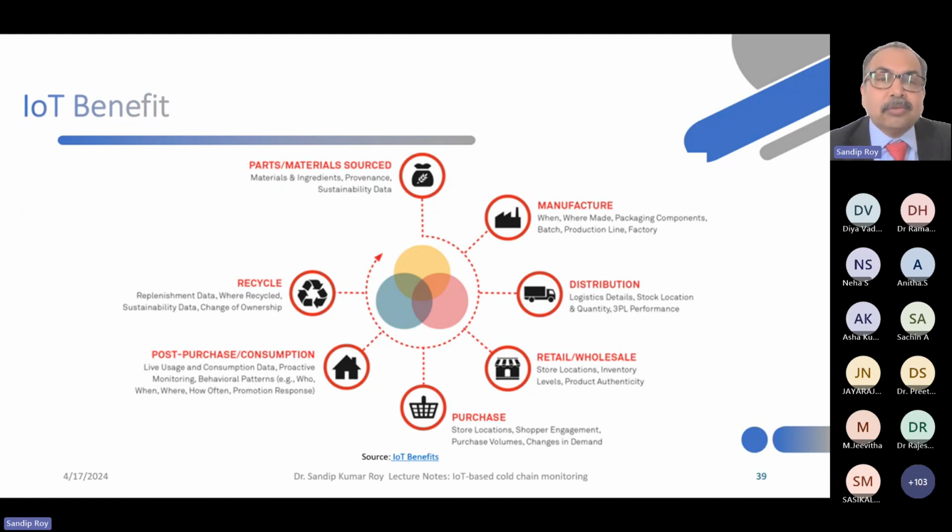If you can reduce food wastage, on average, Nestle saw around 15% food wastage because they were not using IoT earlier. Once they involved IoT, that reduced significantly, which turned out to be millions and millions of dollars in savings for them. That's the advantage if you use IoT based sensors in your manufacturing, distribution, retail, purchase, every step.